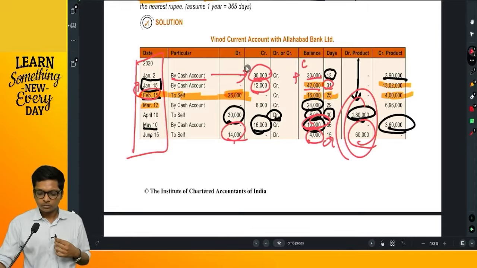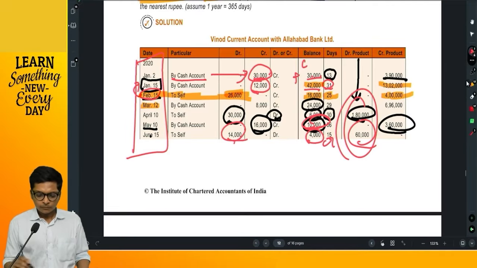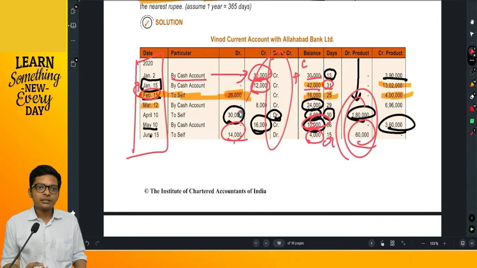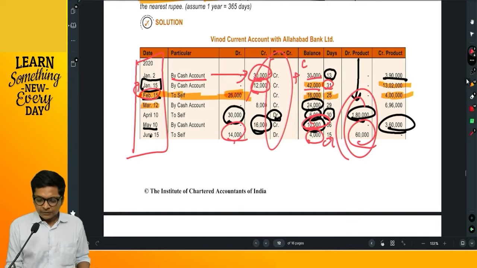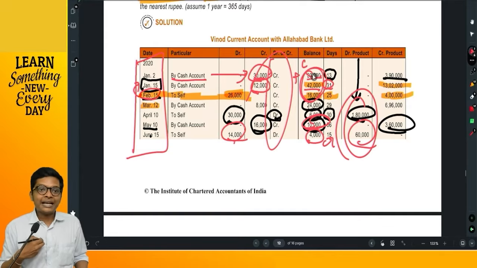Which one? Money deposited means credit, money withdrawn means debit. Check the balance. In all these cases I have a balance, so credit. In this negative case, it's an overdraft of 6,000, so it's a debit.